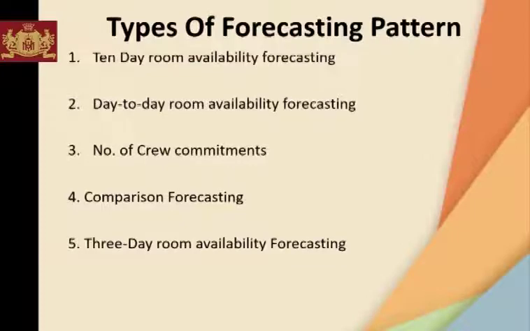A 10-day forecast almost always includes the following. The second is the day-to-day forecasted occupancy figures, which include room arrivals, room departures, rooms sold, and the number of guests. The third is the number of group committees, with a listing of each group's name, arrival and departure dates, number of rooms reserved, number of guests, and possibly the quoted room rates.